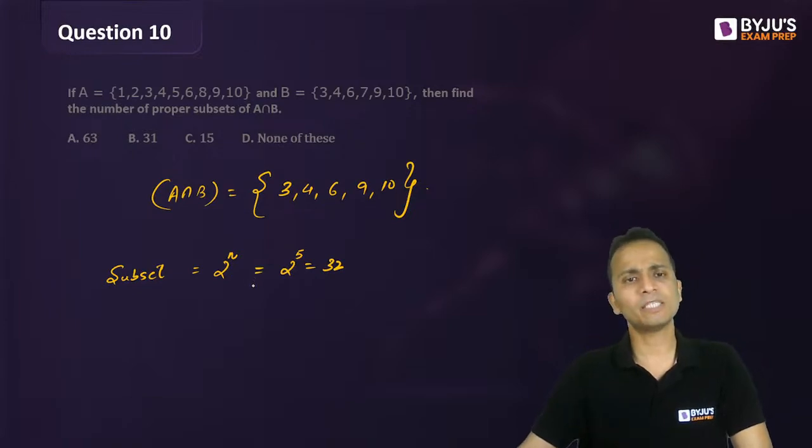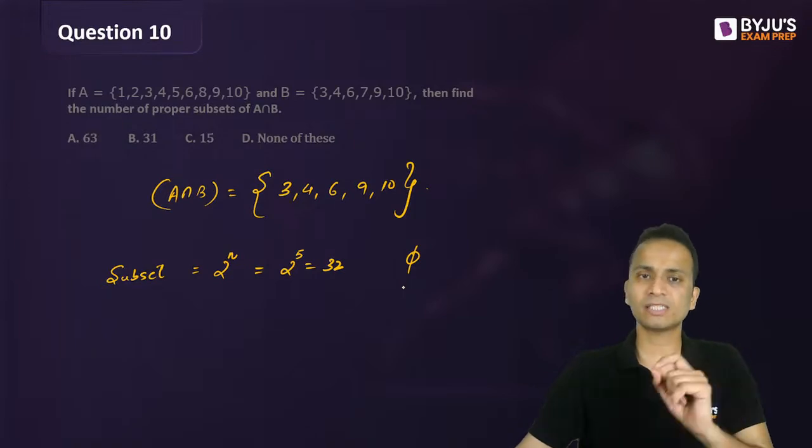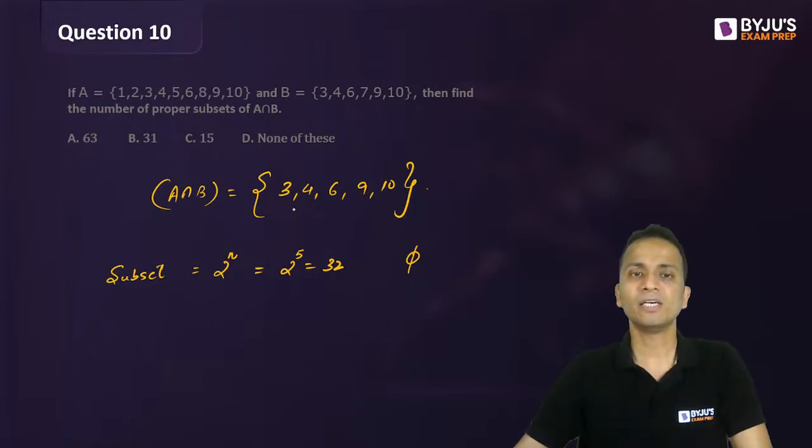Now these 32 subsets will also include the phi set. Also it includes the set itself, that is 3, 4, 6, 9, and 10. Right? So it is including these two.